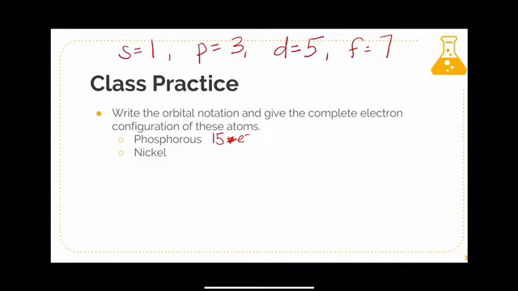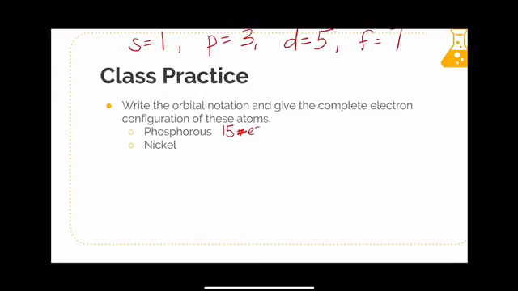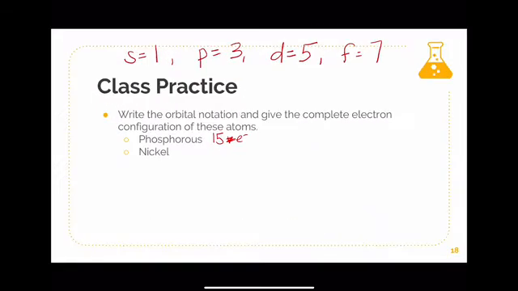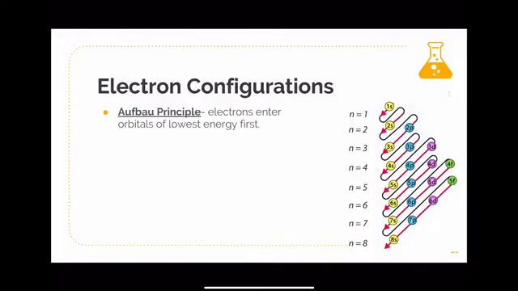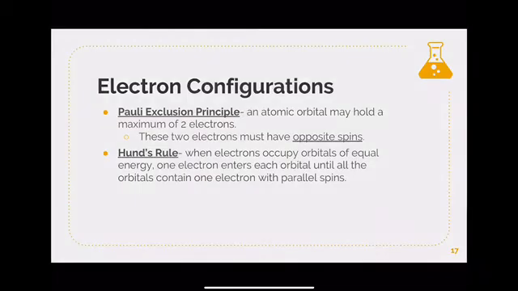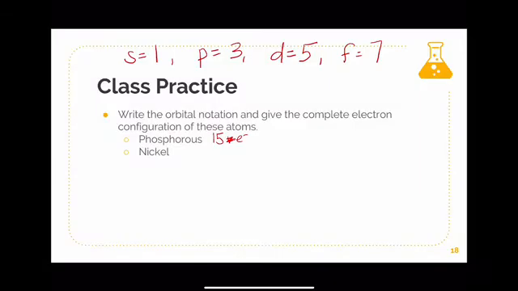So when we go back and look, we're going to fill 1s, 2s, 2p, 3s. Okay? So we're going to write 1s, 2s, 2p, 3s. Okay? That's how it's going to feel.